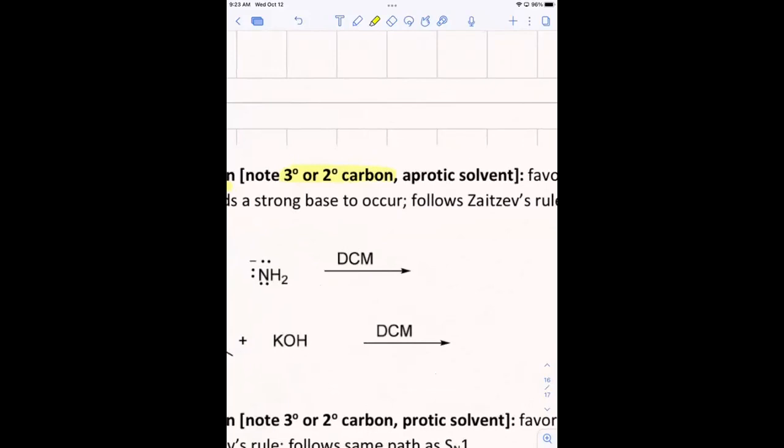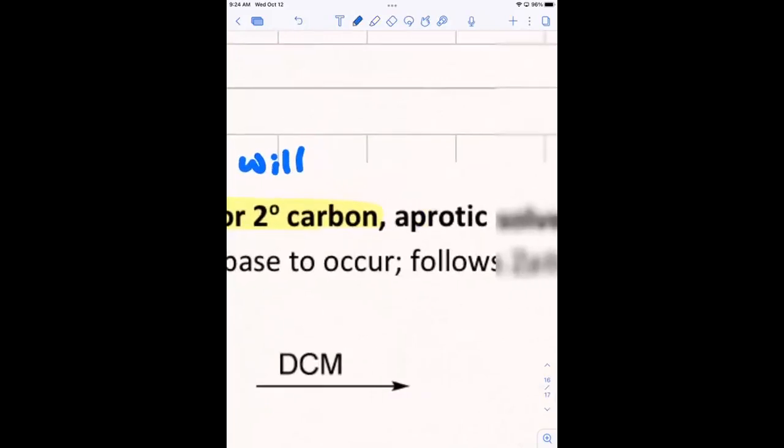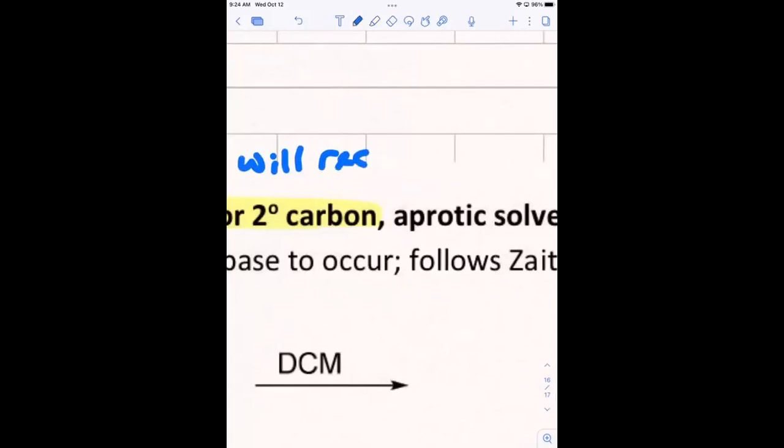So the more stable product is going to be favored. And as far as alkenes are concerned, because that's what we're making, more substituted alkenes are more stable, right? So let me add that in here. A tertiary and secondary carbon will result in a stabilized alkene.